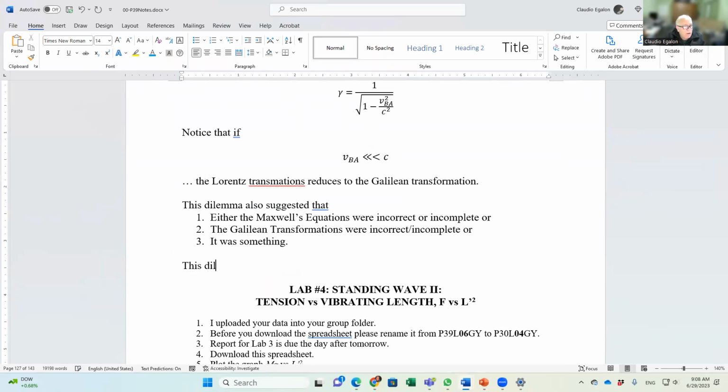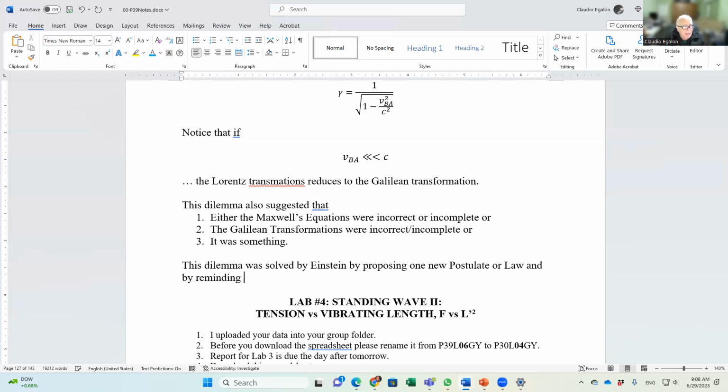This dilemma was solved by Einstein by proposing one new law, one new postulate, and by reminding scientists of an old postulate.